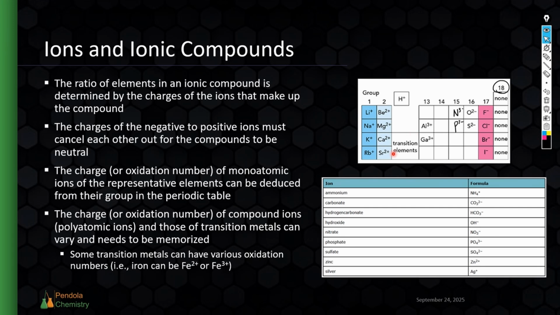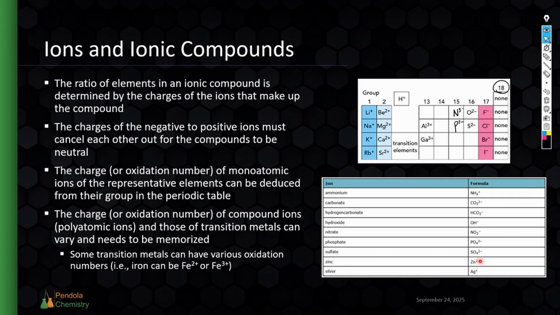Now, the transition metals, on the other hand, like zinc and silver, might not have just a single ion. Or if they do have a single ion, like zinc and silver, their charges are not something we can just tell from the periodic table. A lot of the time we'll have to remember them. So for example, zinc having a 2+ charge, that's simply something we need to remember.